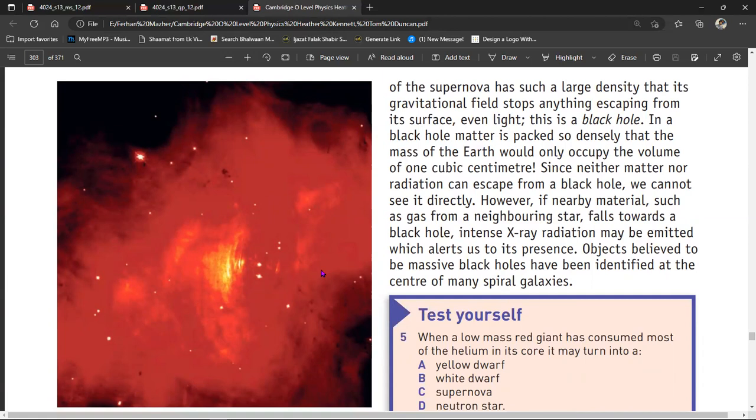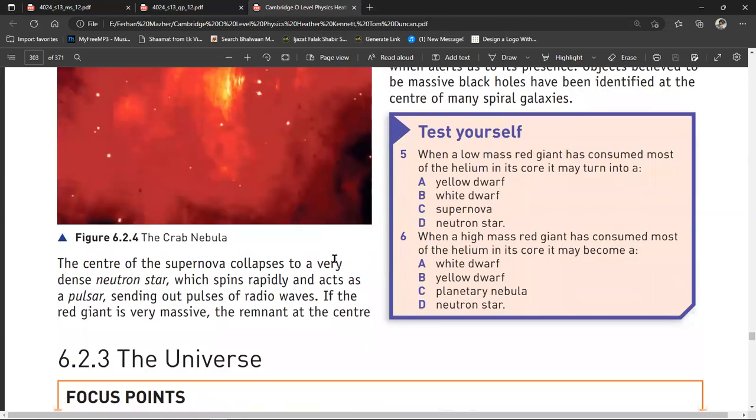However, if nearby material, such as gas from a neighboring star, falls towards the black hole, intense X-ray radiation may be emitted, which alerts us to its presence. Objects believed to be massive black holes have been identified at the center of many spiral galaxies.